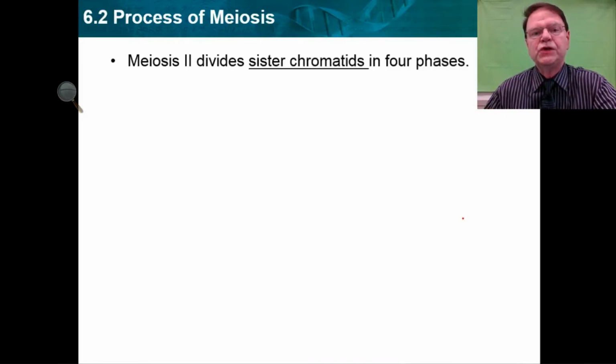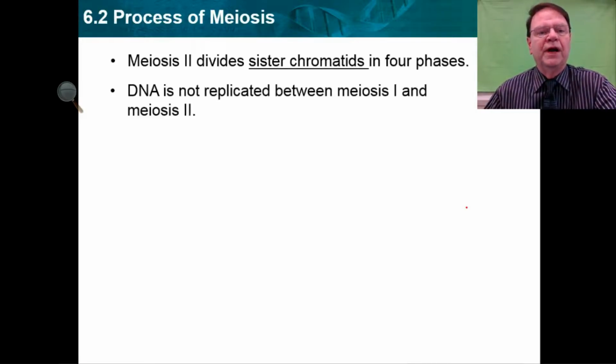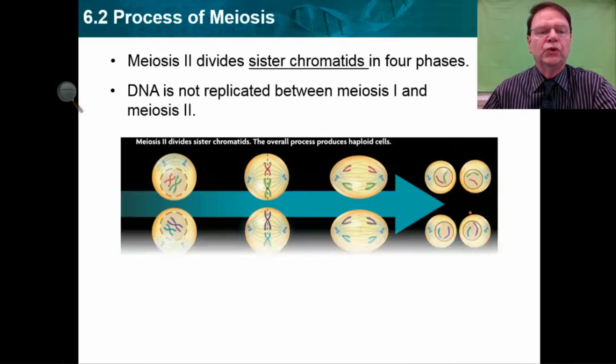In meiosis 2, this is when the sister chromatids, those identical copies that came from each respective parent, are now going to be divided. The DNA is not replicated between meiosis 1 and meiosis 2. Remember, we have plenty of chromosomes that have to be separated in what I showed you earlier.